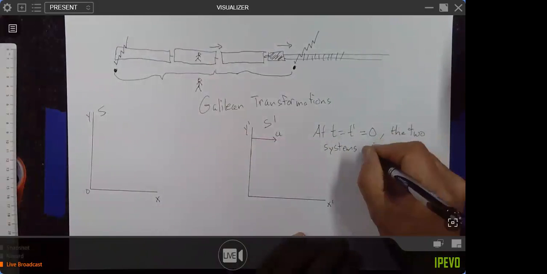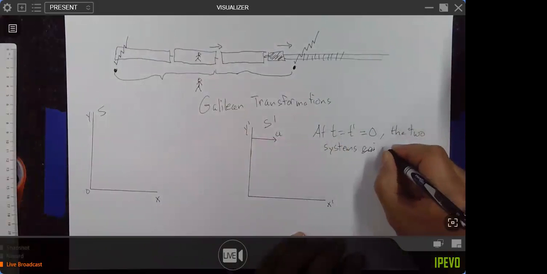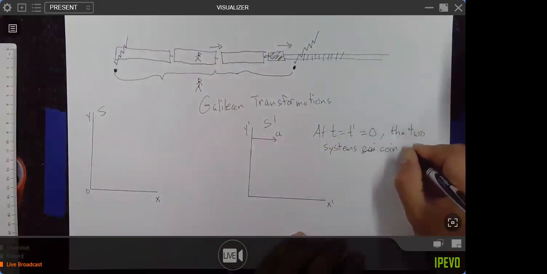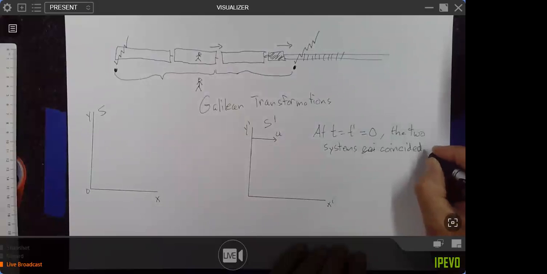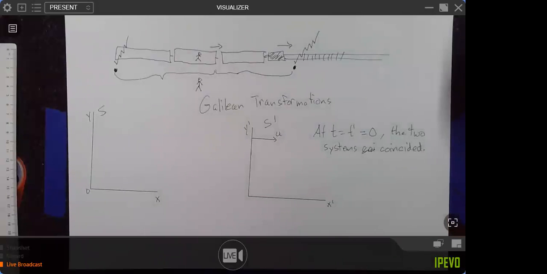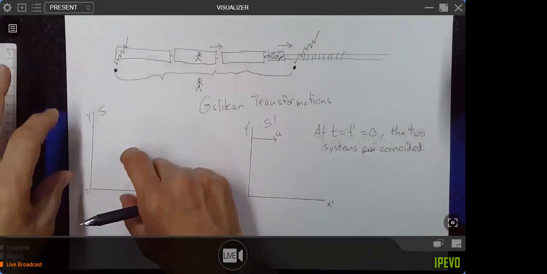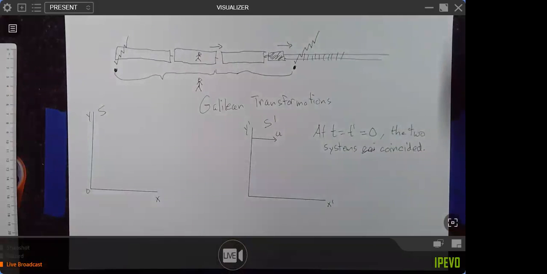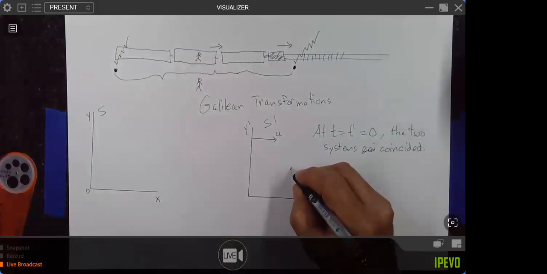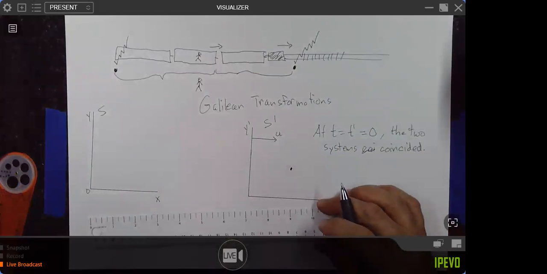I'm not sure that's a word, but I'll say it anyway. I'll just say the two systems coincided, make it a past tense, whether it exists or not. Anyway, that's when the y prime axis would have been right on top of the y axis and so forth. And we can talk about some transformations that are going to occur here.